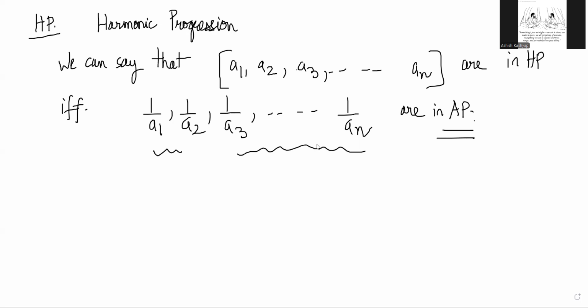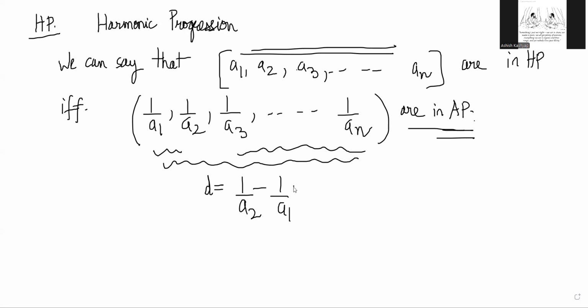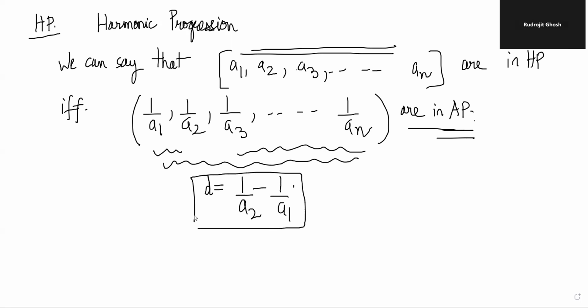Okay. So for HP, if I want to find the nth term of this sequence, right? What I will say is 1 by A1, 1 by AN are in AP, right? So I can find the common difference of this, right? So the common difference D will be simply 1 by A2 minus 1 by A1, right? Yes, sir. And the nth term of this AP I can easily find.